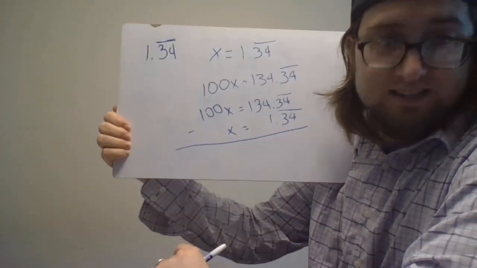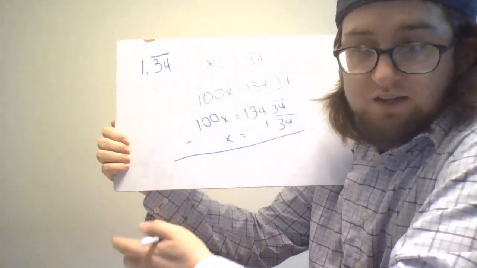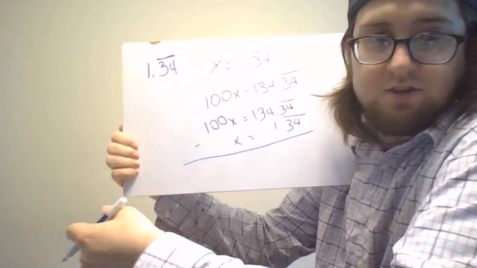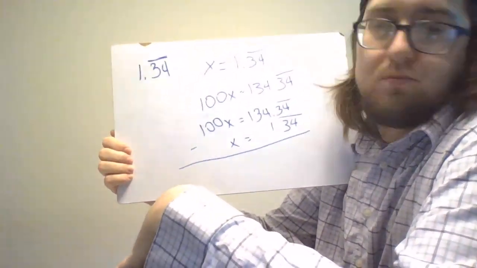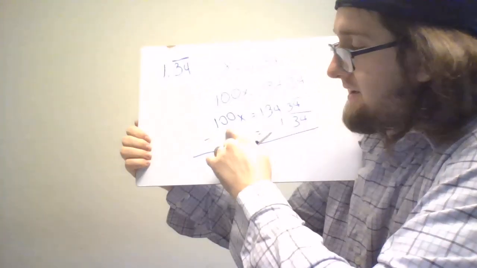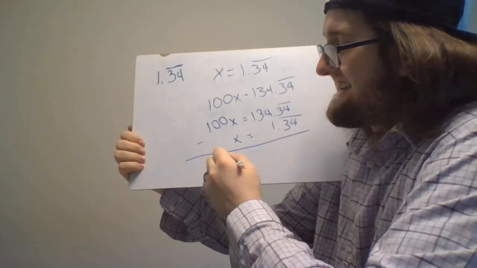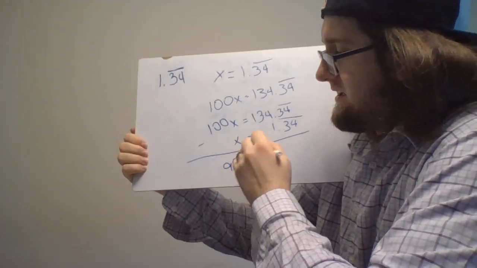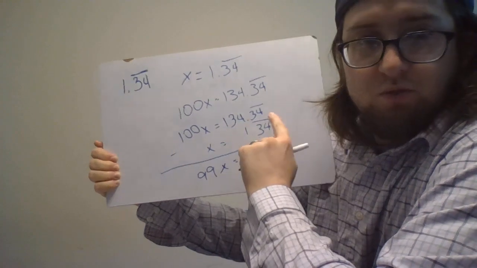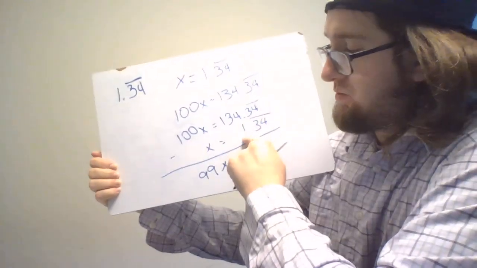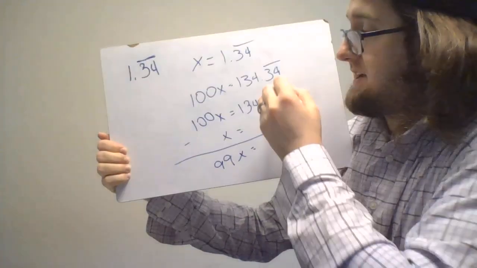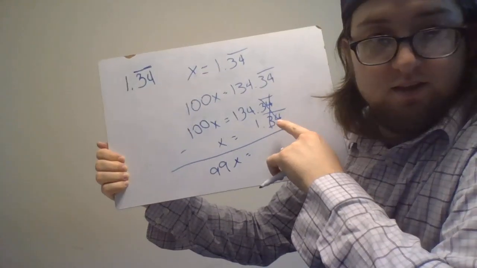100x minus x is not 100. All right, I'm going to stop saying it, but trust me, as a teacher, I see it probably 2.3 million times a year. 100x minus x is 99x. 134.34 repeating minus 1.34 repeating. Notice this, our repetitions are going away.